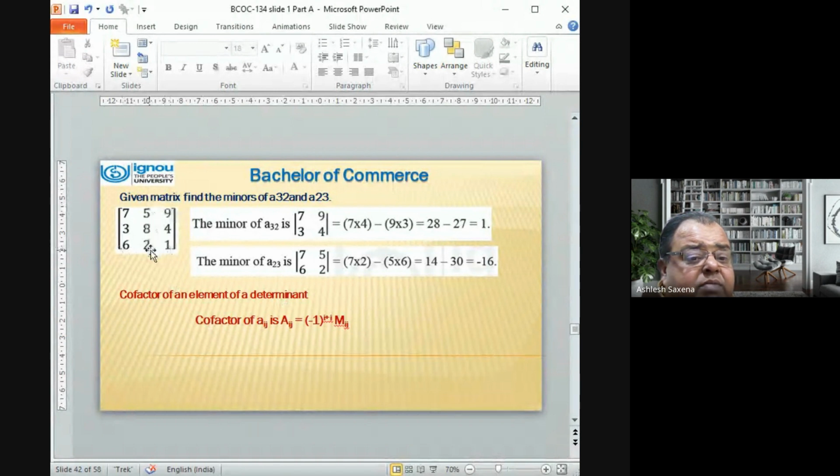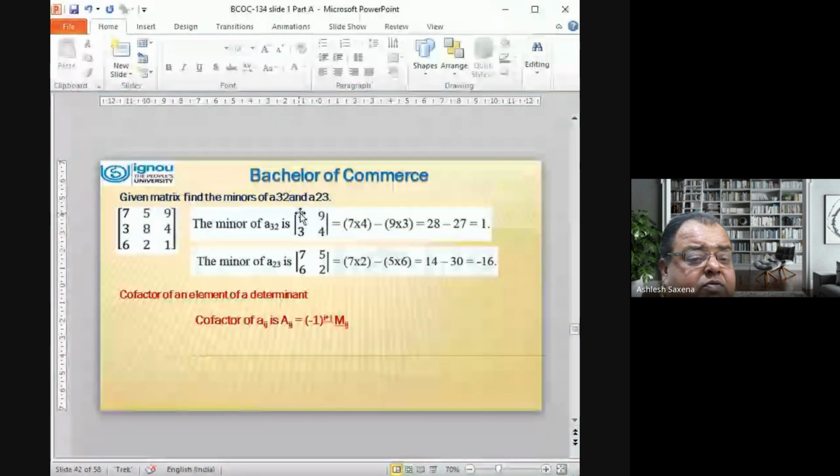What you are left with is 7, 9, 3, 4. Multiply top to bottom, minus top to bottom: 7 into 4, minus 9 into 3. 7 into 4 is 28, and 9 into 3 is 27. 28 minus 27 is 1.